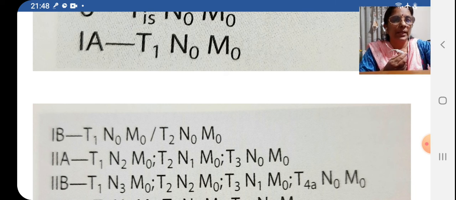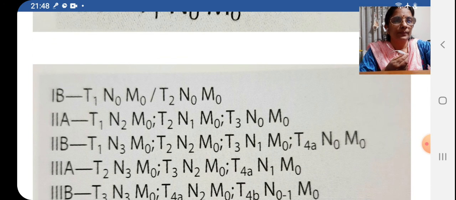Then stage 2, in that mucosal involvement with N2, that means perigastric nodes are involved.